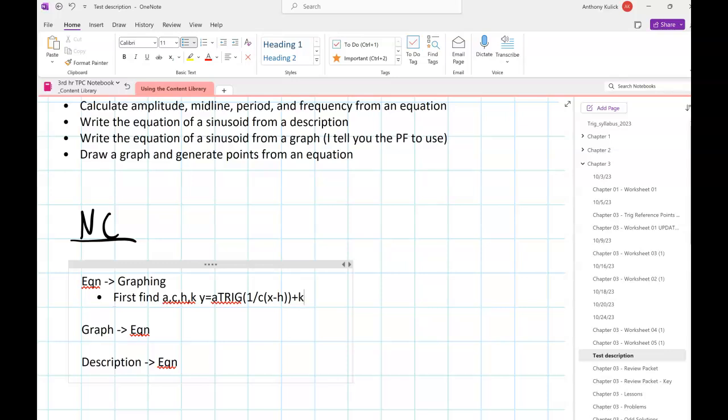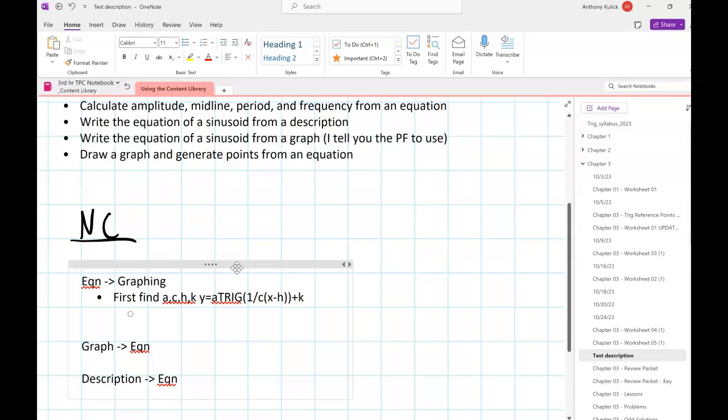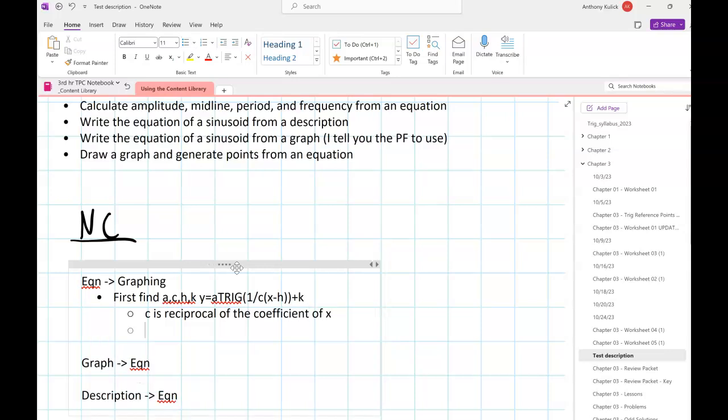And then I would need to remind myself that C is the reciprocal of the coefficient on x. And h is the opposite sign of what it appears, because it's minus h in the formula, right?